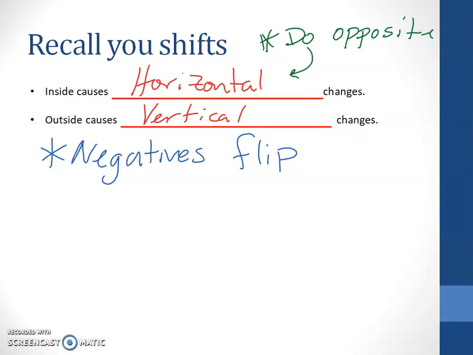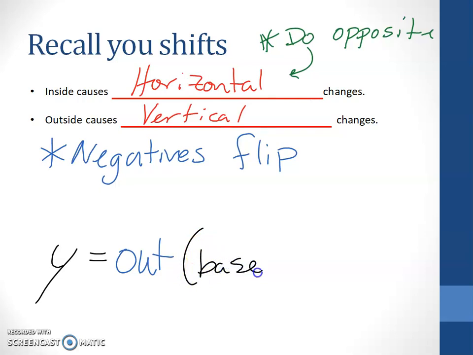So how do I know what's on the inside and what's on the outside? Well, you're going to have y equals, and anything out in front is going to be considered on the outside. Your base, there will be a number in there for your base. Remember that the base is only determining your parent function.